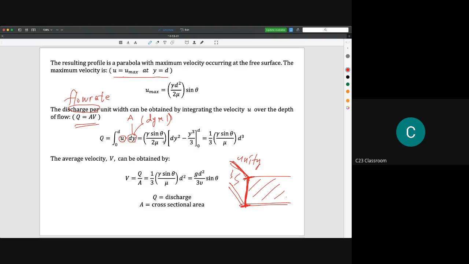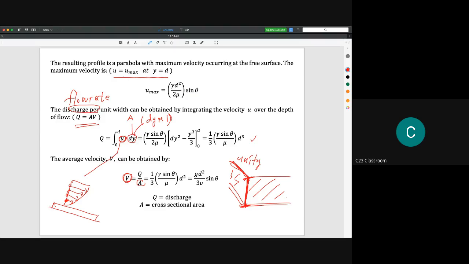So if you do all of this, you could have this one. And then after we get the Q here, we could divide by the cross-sectional area again to get the average velocity. So what is the difference between this V and this u? Both are velocity, but the small u reflects the equation of the velocity distribution for that fluid.